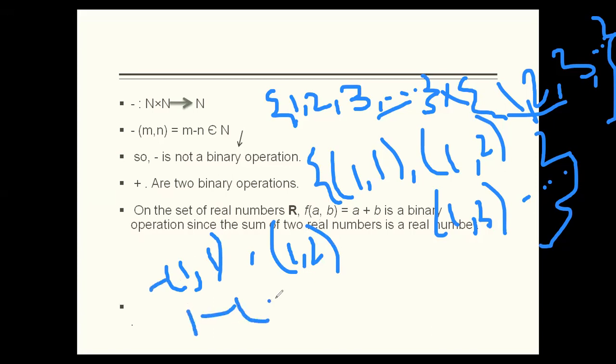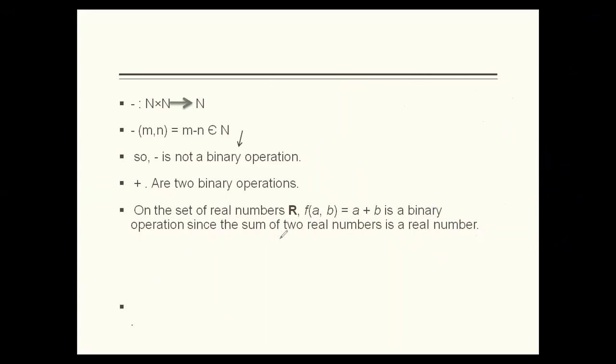And 1 minus 1 is what? 0. And you know the natural numbers start from 1. 0 does not belong to the set of natural numbers. But according to the definition of binary operation, our answer remains in the set which is our domain set. So that's why subtraction on the set of natural numbers is not a binary operation.